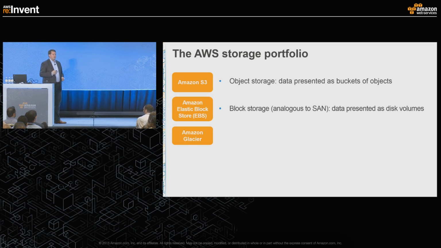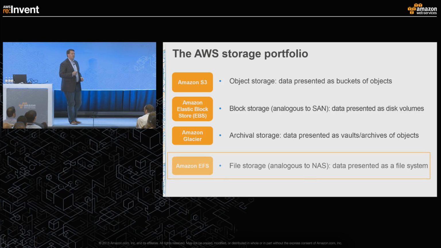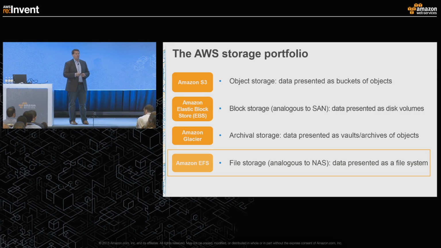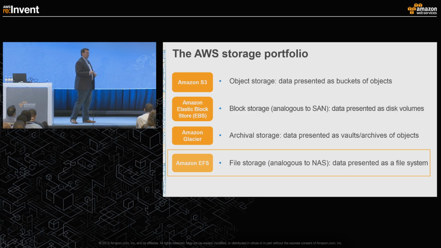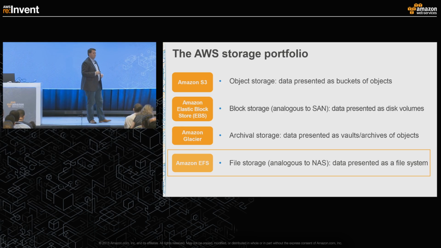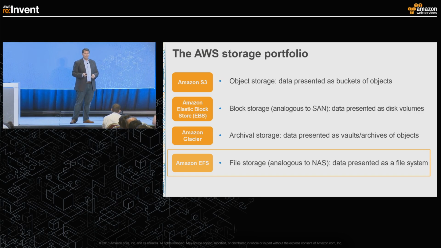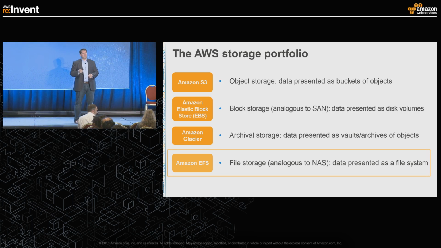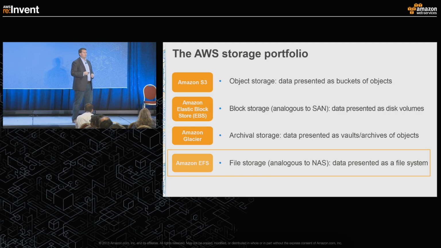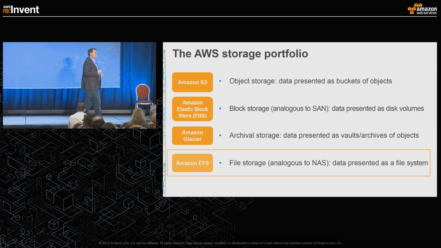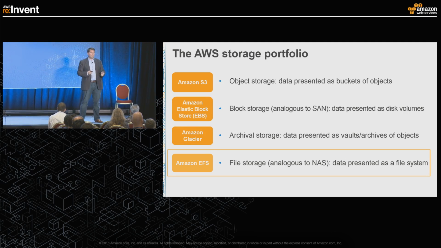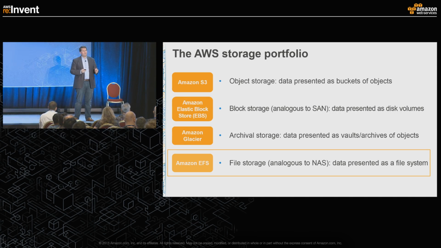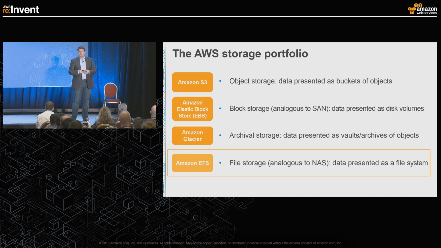I want to share with you how EFS fits into Amazon Web Services' overall storage portfolio. We got started in the storage business at the end of 2006 with the introduction of S3. S3, as many of you know, is storage that is invoked through an API, an object-based store that is accessible over HTTP protocols, and it's designed for application native integration.